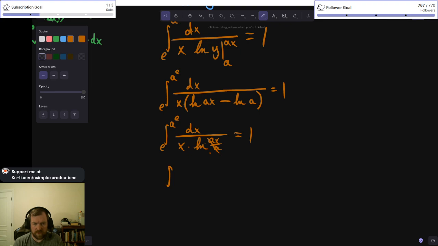So we want to know what is the integral of dx over x times natural log x equals 1. I think this is going to work very nicely with integration by parts.